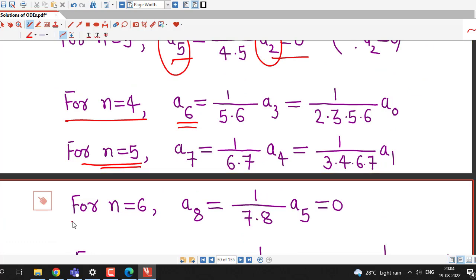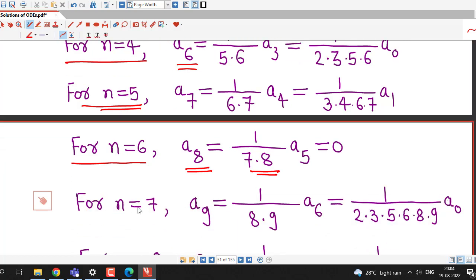Similarly, for n equal to 6, I obtain a8 equal to a5 times this, but a5 is 0, so a8 is 0. For n equal to 7, I obtain a9 equal to 1 over 8 into 9 into a6, and then I substitute value of a6 here, and I write a9 in terms of a0.